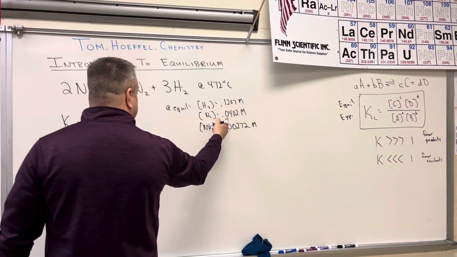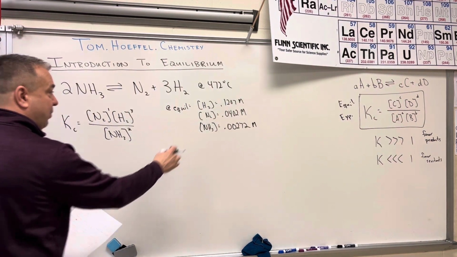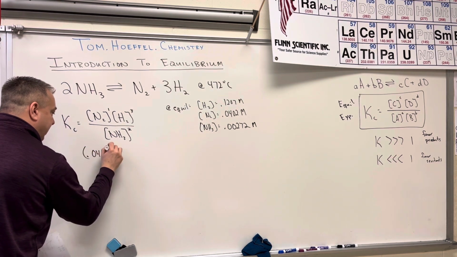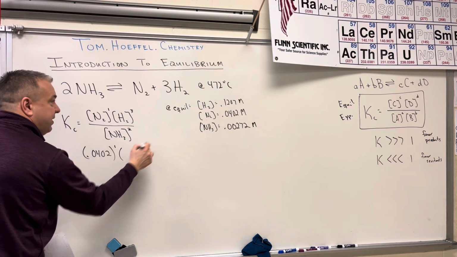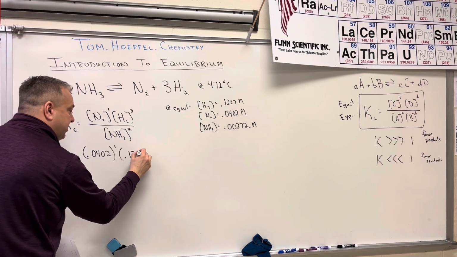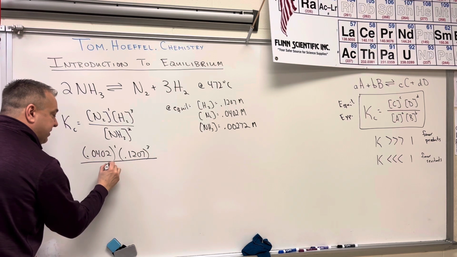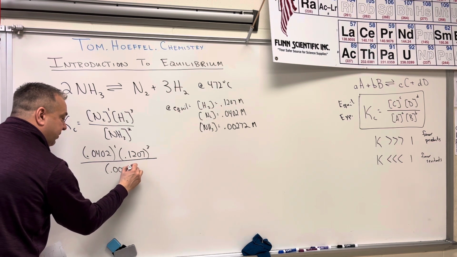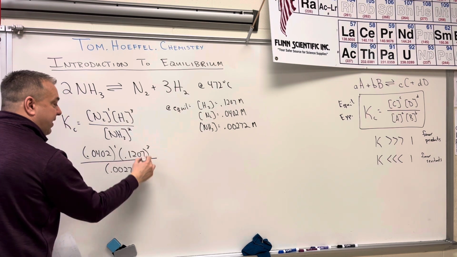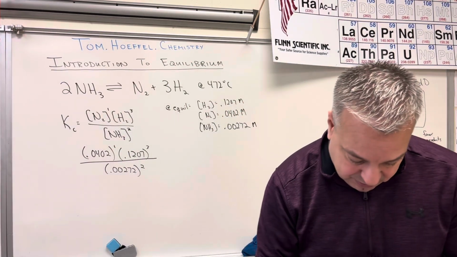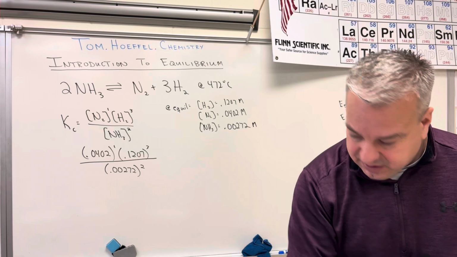So we're going to plug in the N2, which is 0.0402, and that's going to be to the first power. The H2 is 0.1207, and that's going to be to the third power. And this is going to be all over 0.00272, and that's going to be to the second power, okay? So we're going to plug that into our calculators. So here we go.